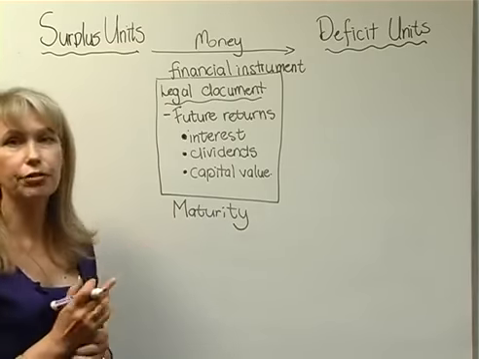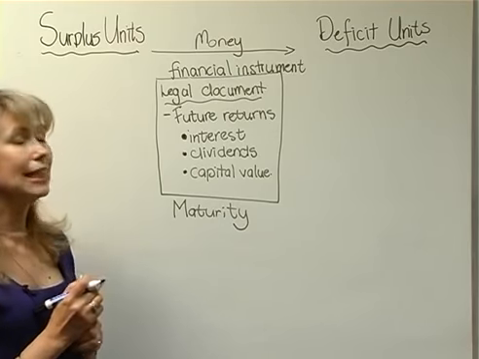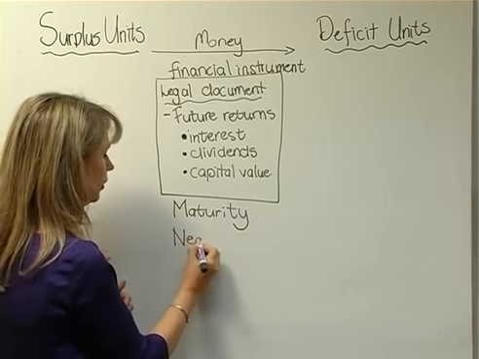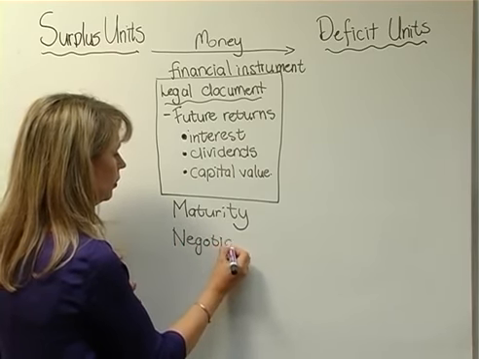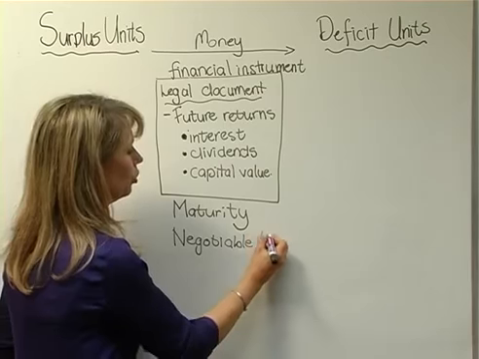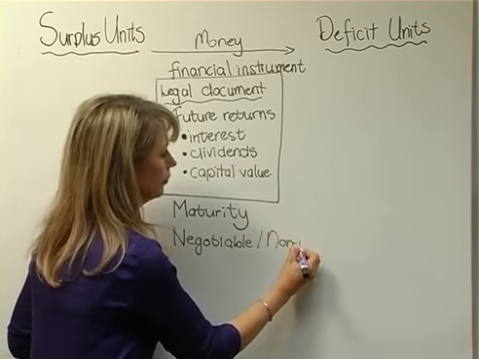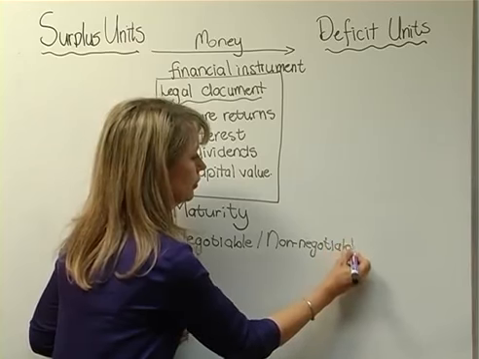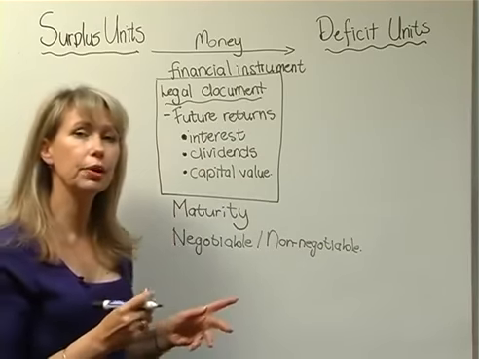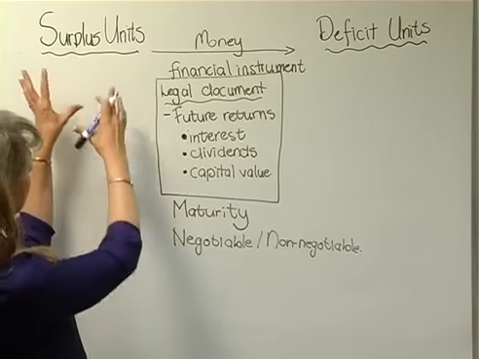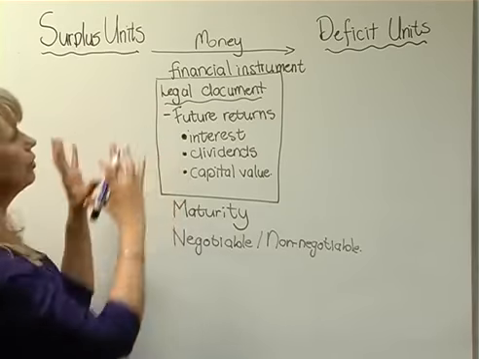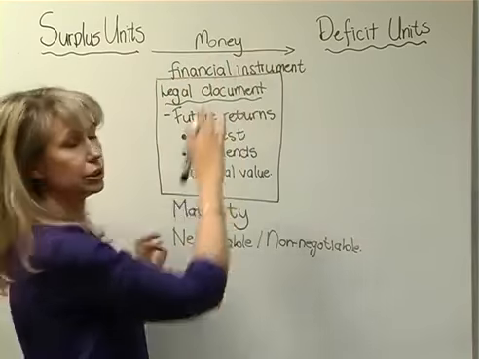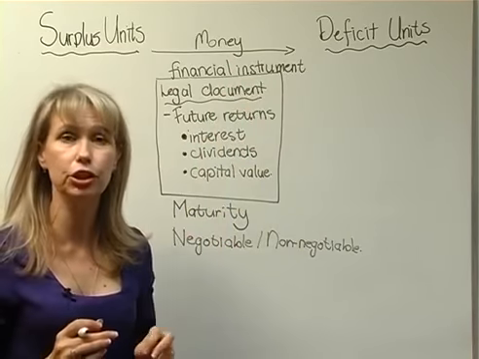Another characteristic of a financial instrument is that it can be negotiable or non-negotiable. Now, if it is negotiable, it means that the surplus units have bought this financial instrument that they've received in return for the money that they gave to the deficit unit.